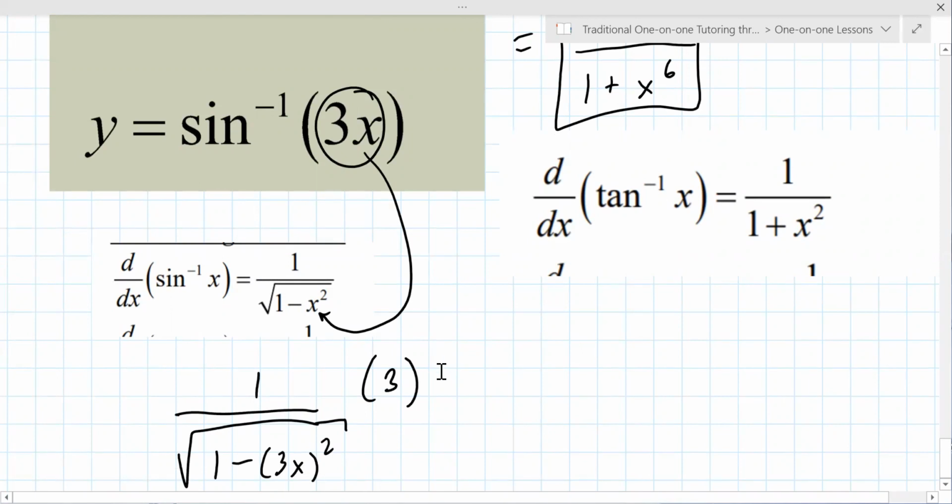Oh, so anywhere there's an x, you just plug in whatever's in parentheses. Like if it was e to the x plus cosine natural log of 5x squared or whatever that is, it goes in that position.